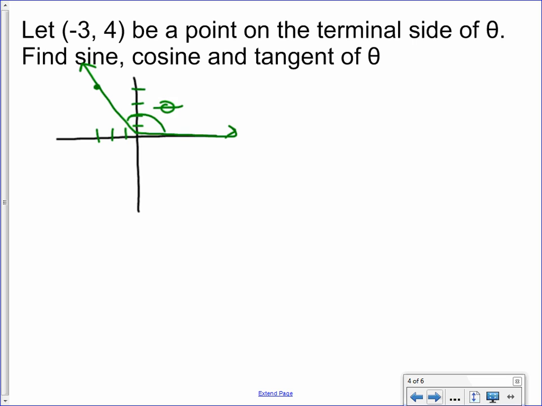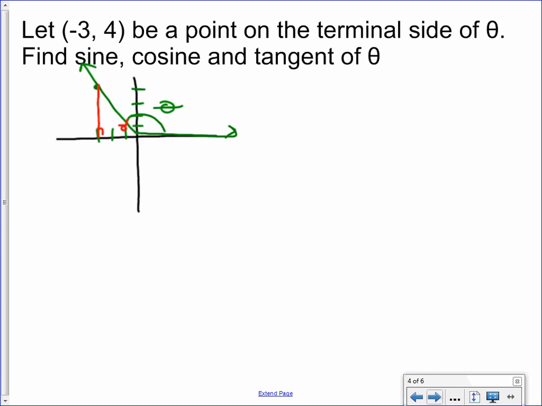The only way to get our sine, cosine, and tangent ratios is to actually have a right triangle to work with. Well, that is an obtuse angle. How do I create a right triangle? With a reference angle. So we're going to create a reference triangle here. We're going to use this little reference angle to help us. Let's label the sides of our triangle.